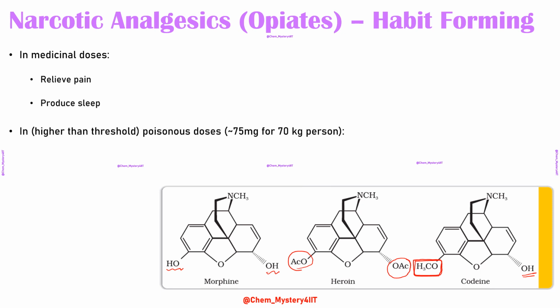And if we move beyond that particular concentration, for morphine this is known to be about 75 milligram for a 70 kilogram person, if this dose is increased, that becomes lethal. It first produces stupor, then coma and convulsions, which may lead to death. Where we use it, as we have seen, is to manage very severe pains.